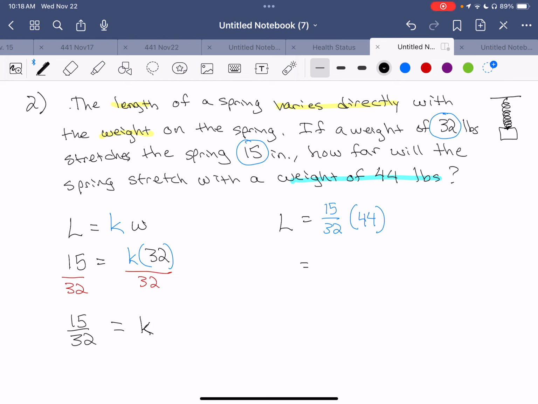So if I multiply this, I get 20.625, and I think they said to round it, it's 20.6. This is a length, so that's inches. And that's it.